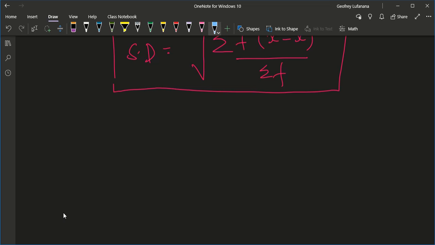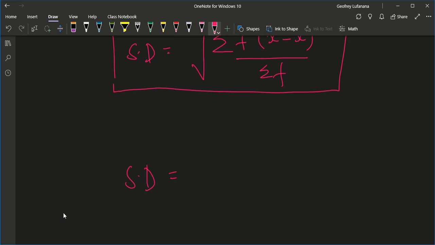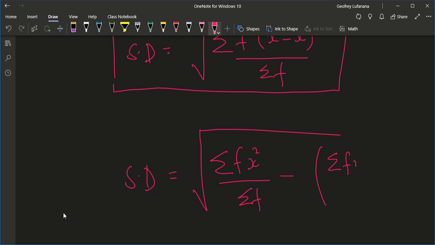The standard deviation is going to be the square root of the summation of fx squared over the summation of f, minus the summation of fx over the summation of f, squared.